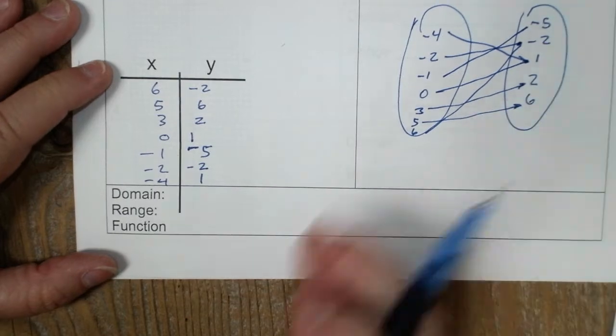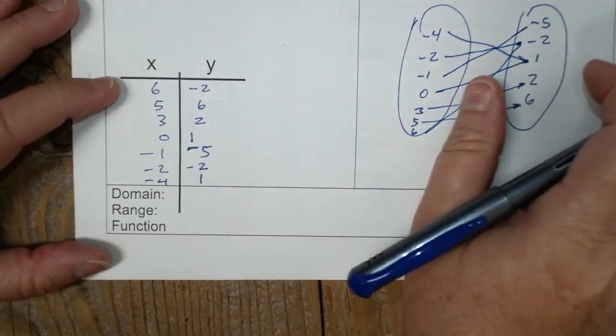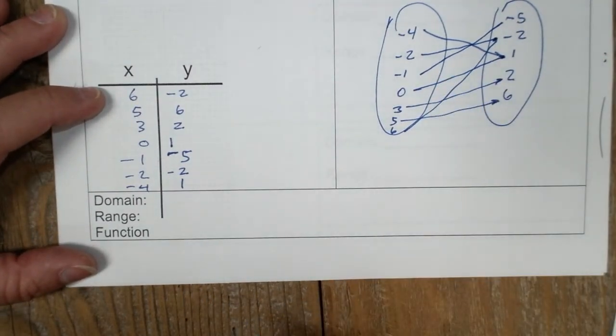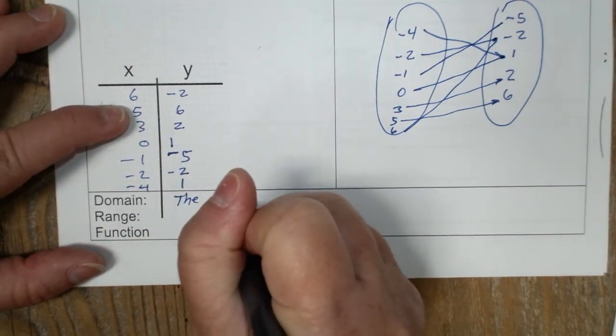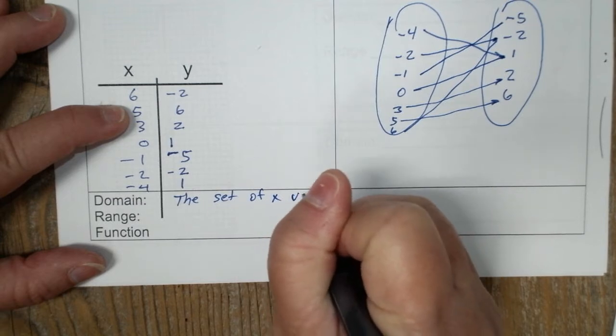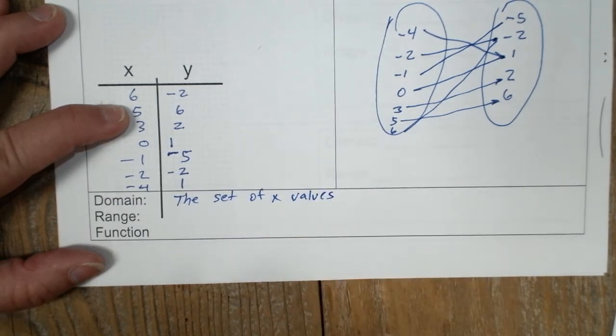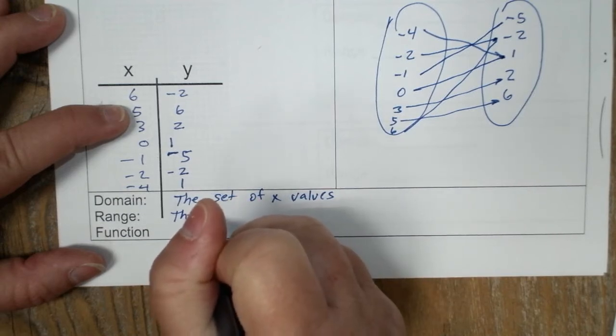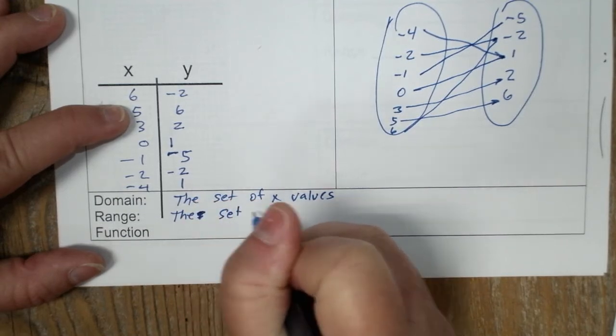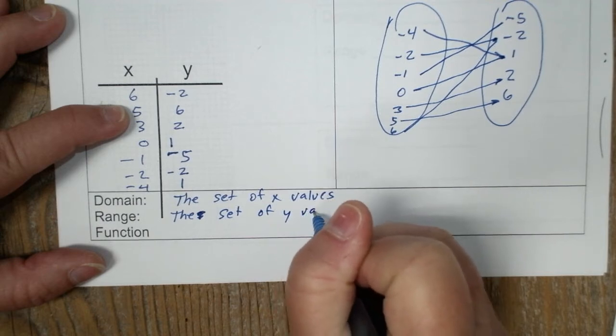We're going to do two different definitions. The definition of domain is the set of x values. Range is the set of y values.